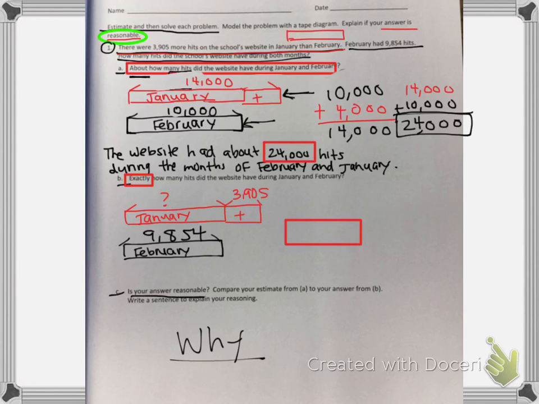I use estimation all the time when I'm shopping, especially when I am getting certain amounts of food, and I estimate in my head the amounts, and I'm like, I'm going to probably spend $32. And it's usually like $35. I was close. So estimating really allows us to do mental math and get as close as we can. So that is the why. So that's the reasonableness. So tell me, is your estimate close to the exact amount?